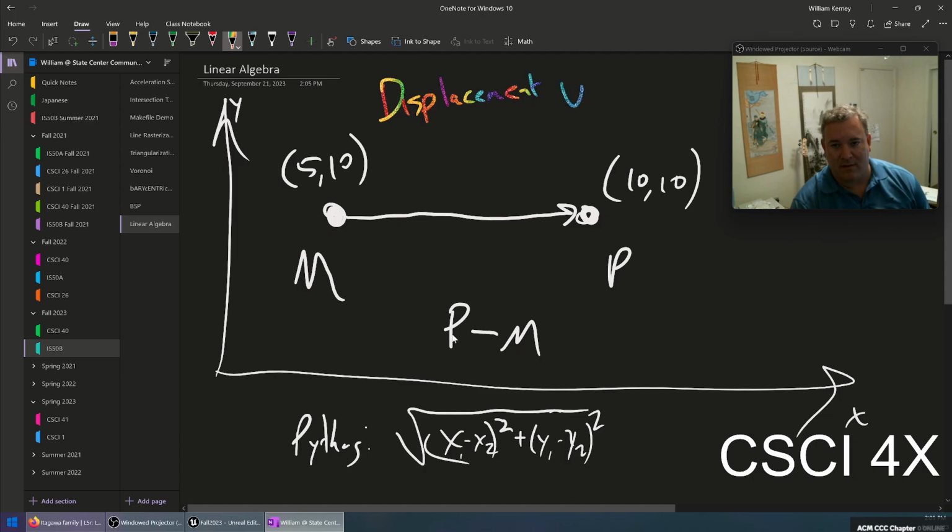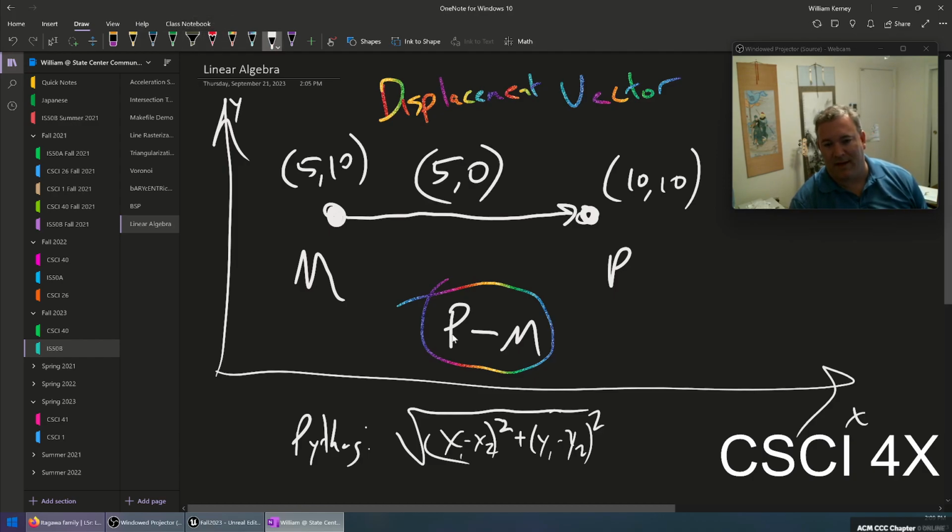You get it by subtracting the starting location from the target's location. And so the player is 5 units east and 0 units north of the monster.